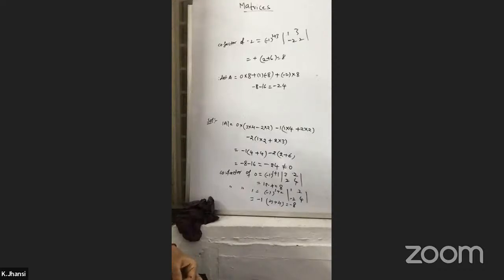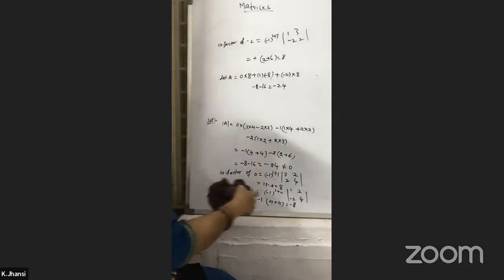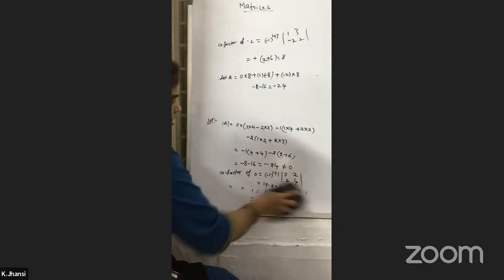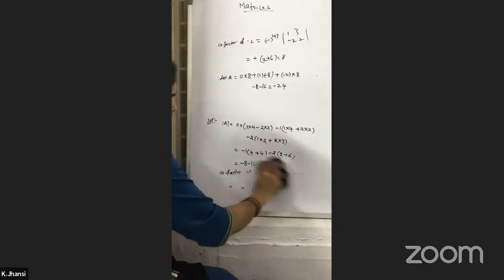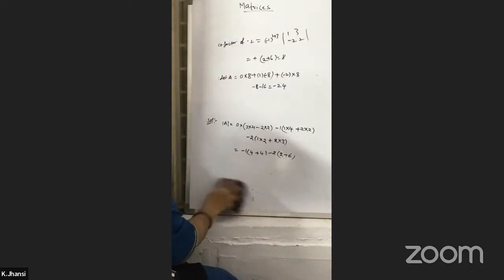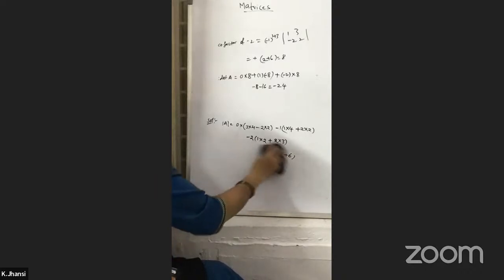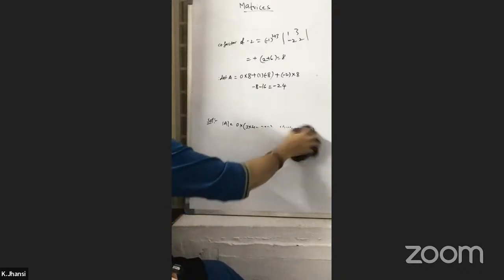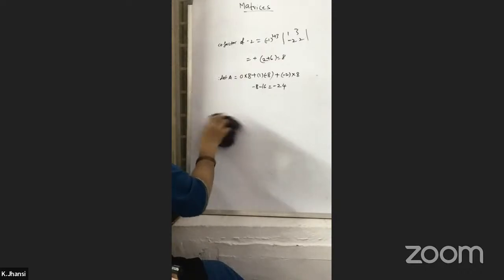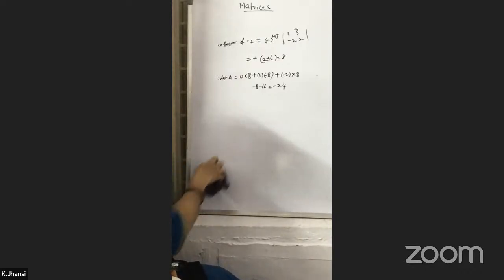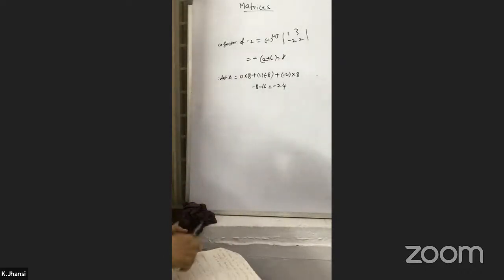Next, the last concept in this is finding the inverse of a 3 by 3 matrix. We have seen the 3 by 3 determinant, and now we'll see the inverse of a 3 by 3 matrix. Here, the inverse is nothing but the cofactors we get for each and every element. With 9 elements, you will get 9 different values.